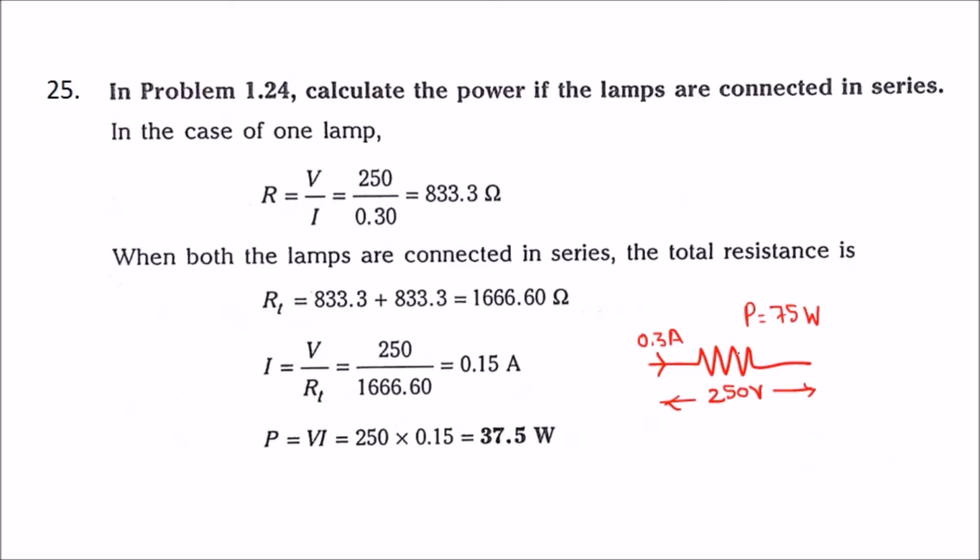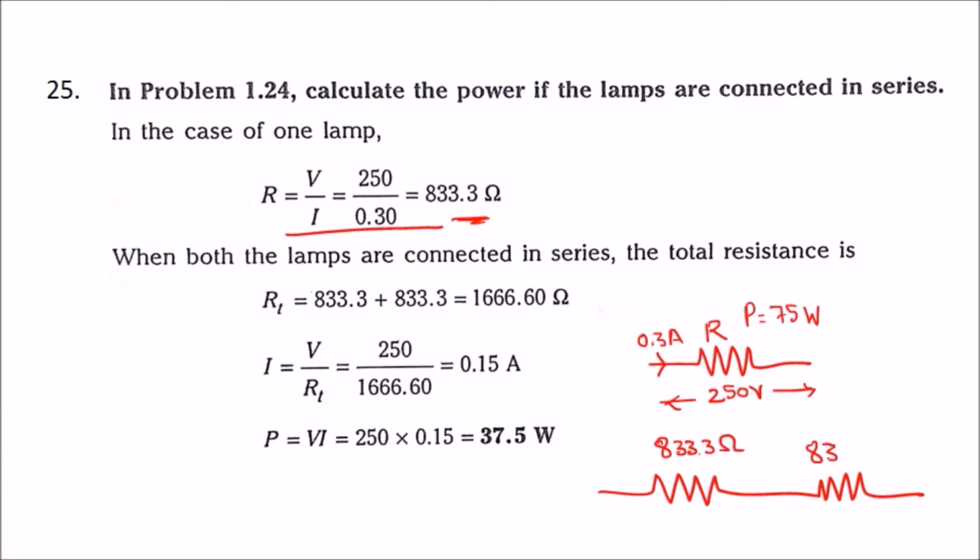So what is the resistance value? We will find that using this equation, which gives 833.3 ohms. What if two lamps are connected in series, each with the same resistance, 833.3 ohms and 833.3 ohms?